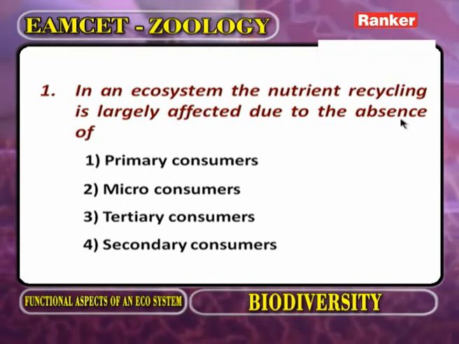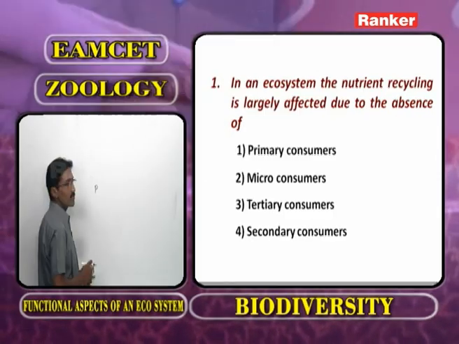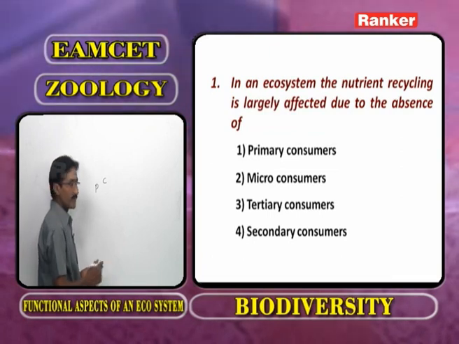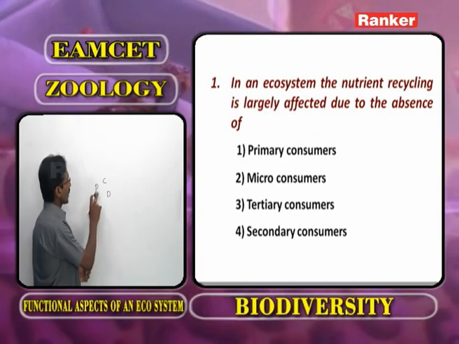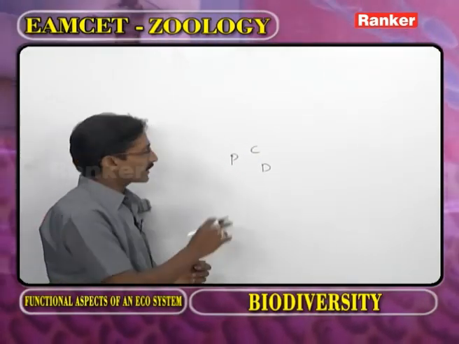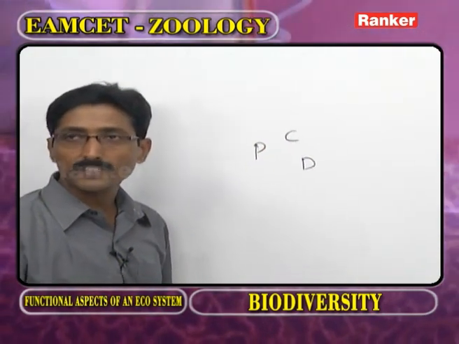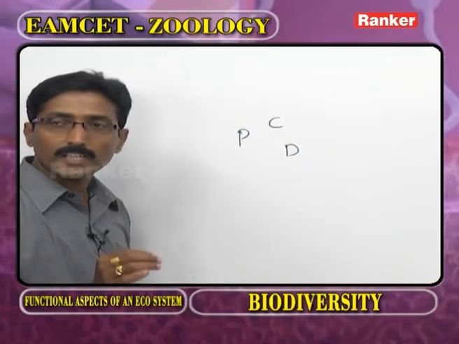As we observe in an ecosystem, the first one is the producers, the second the consumers, and the third the decomposers. The producers prepare their own food materials. One example is green plants, and the second is phytoplankton.